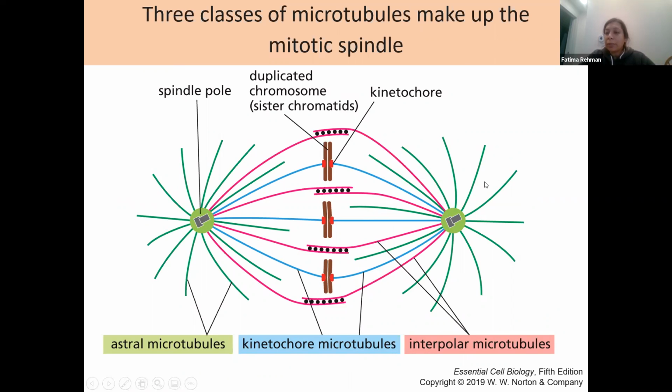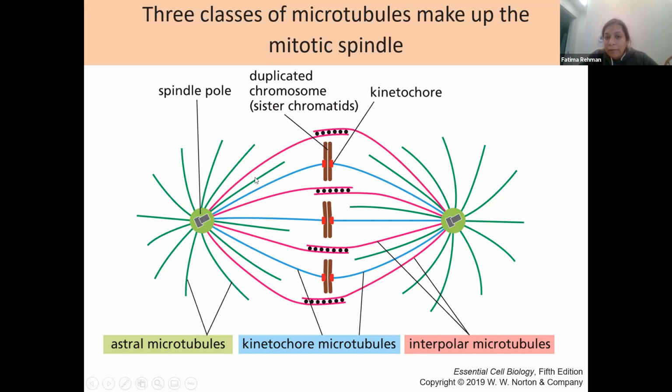The role of the astral microtubules is to create that scaffolding around that main structure to maintain the mitotic spindle in check, to stabilize it by providing it with a lot of different roads to hang on to in the cell so the cell doesn't collapse.